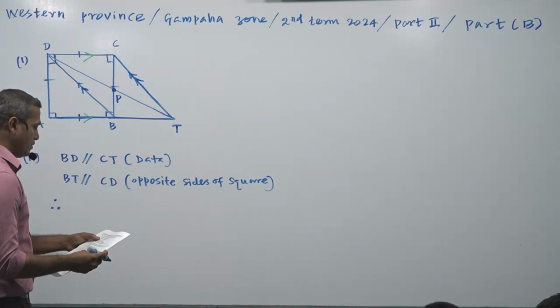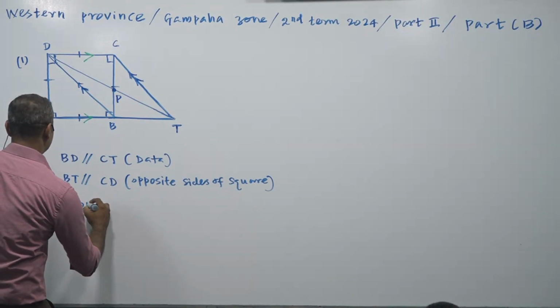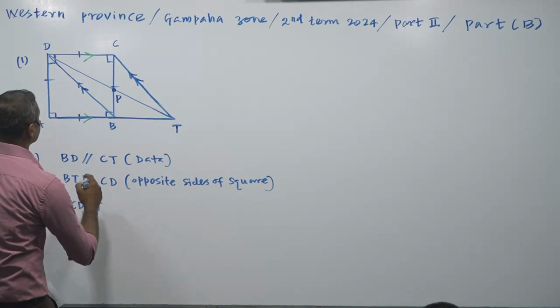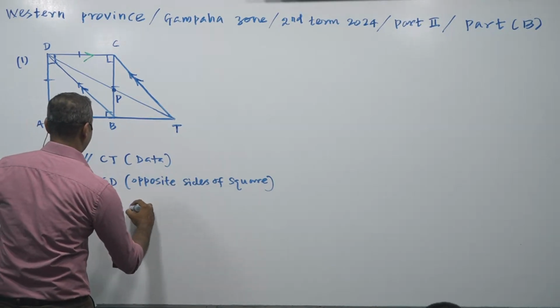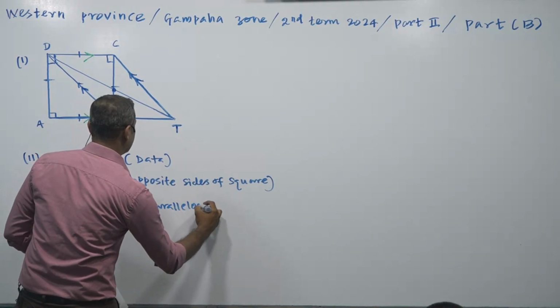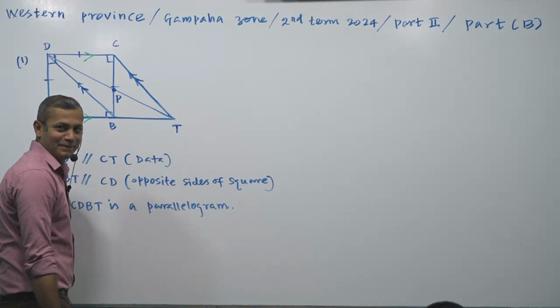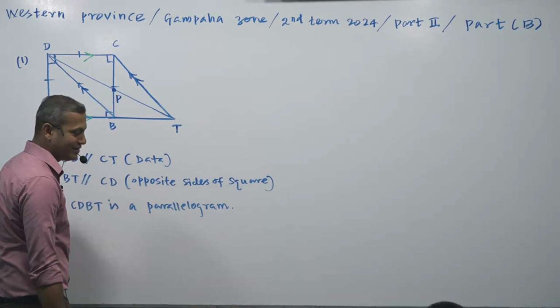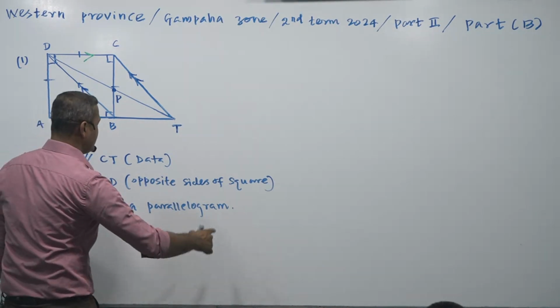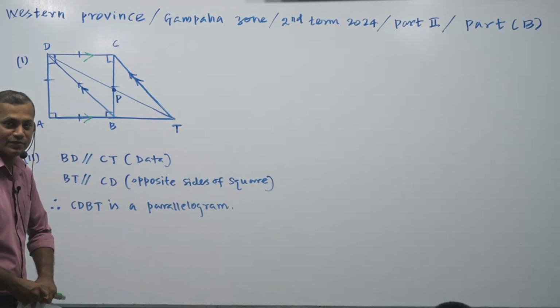So you can say what? CDBT is a parallelogram. CDBT is a parallelogram. Salma, done? CDBT is a parallelogram. What is the reason?